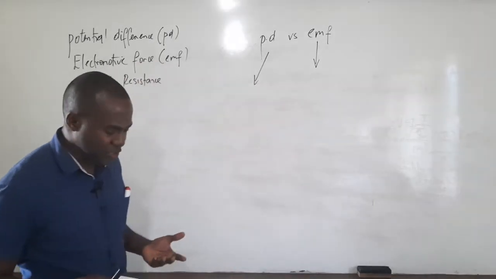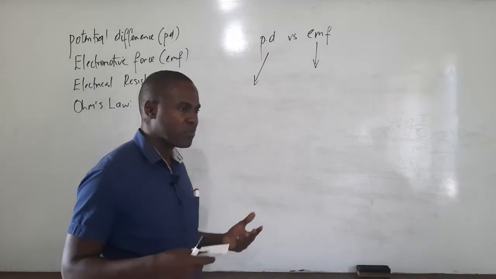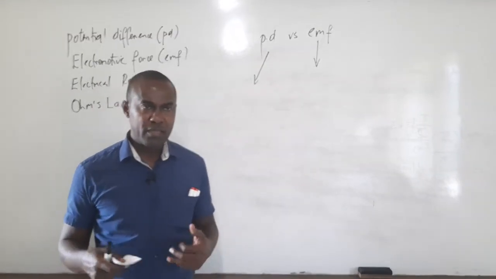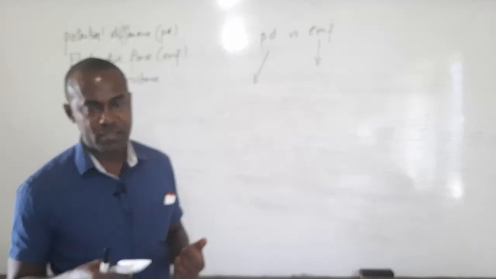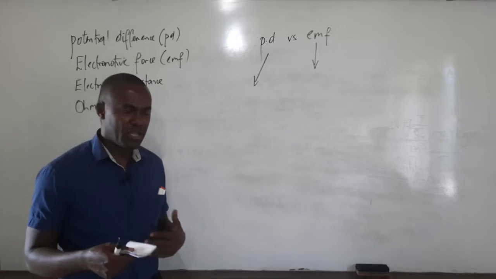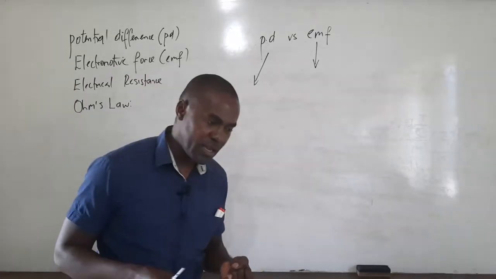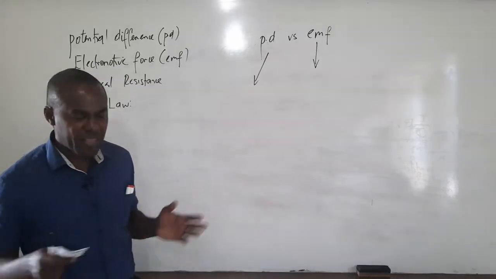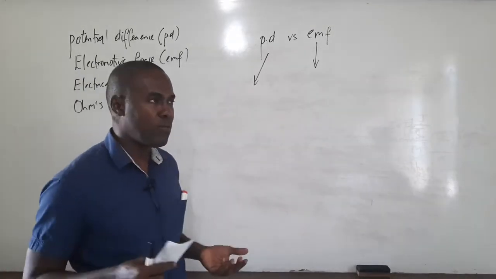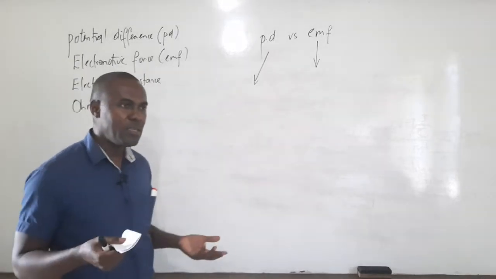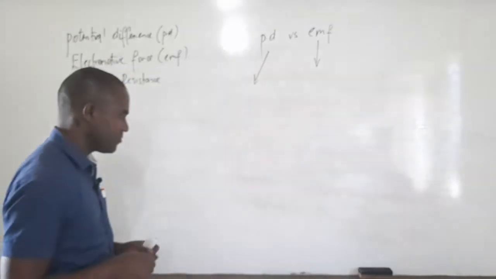And devices which do this conversion from other forms to electrical energy are referred to as sources. However, in circuits, there are also devices which do the reverse, right? They take electrical energy and convert it to other forms like light, sound, and heat. And whenever we speak about that energy conversion per coulomb of charge, we refer to the potential difference, or the PD, across these devices.